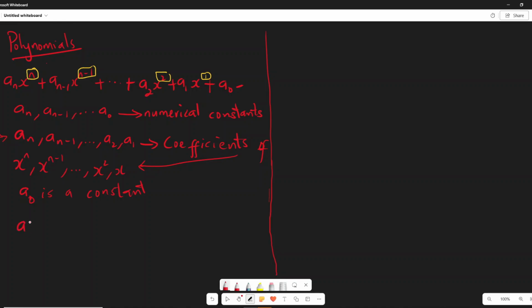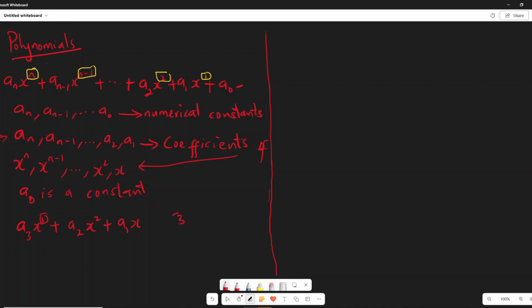So if we had a polynomial with, let's say, a subscript 3 x to the power of 3 plus a subscript 2 x to the power of 2 plus a subscript 1 x to the power of 1, yeah? So the highest power is 3, right?